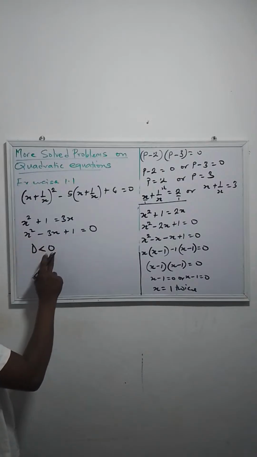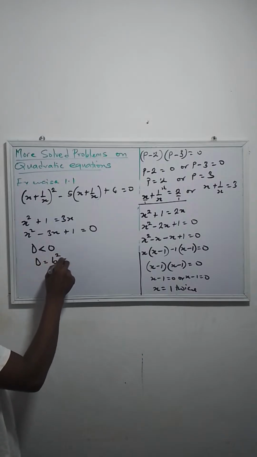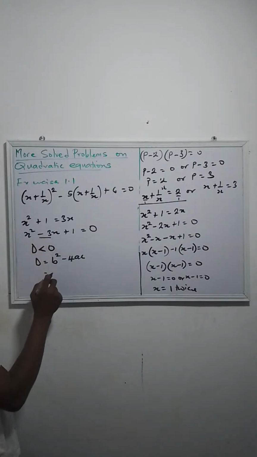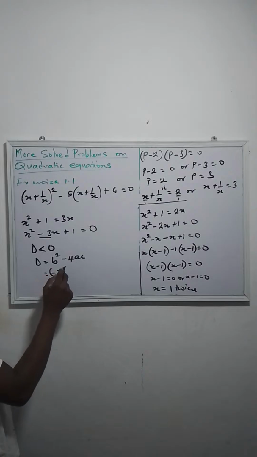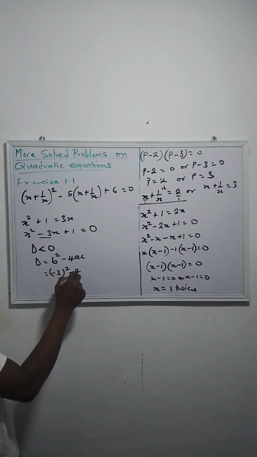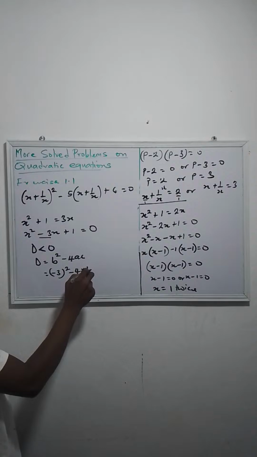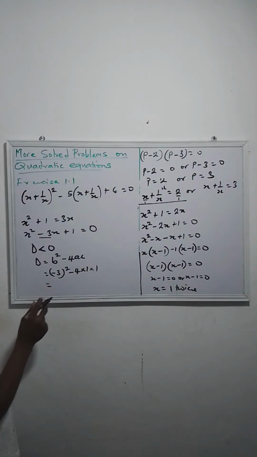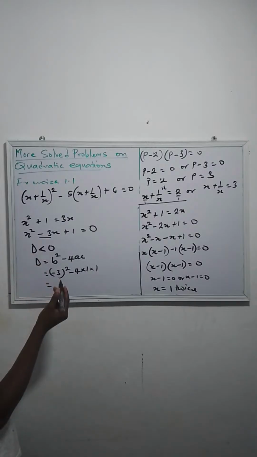So what is the discriminant? That is b squared minus 4ac. So b is negative 3, so that is negative 3 squared minus 4 times 1 times 1. I think it's going to be greater than 0, so the solution will exist, but it's going to be a decimal.